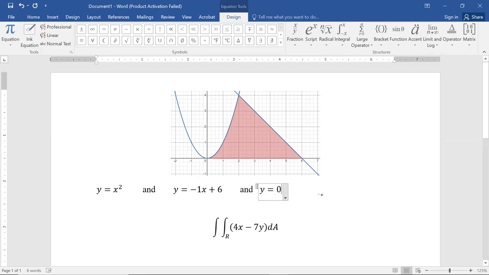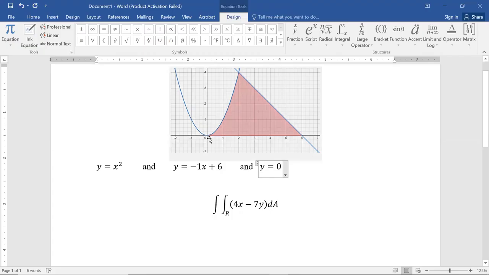Okay? So this is sort of a triangular region. I can break up my triangle into two pieces. If I want to integrate with respect to y first, I can go from y equals 0 up to y equals x squared on this first part.